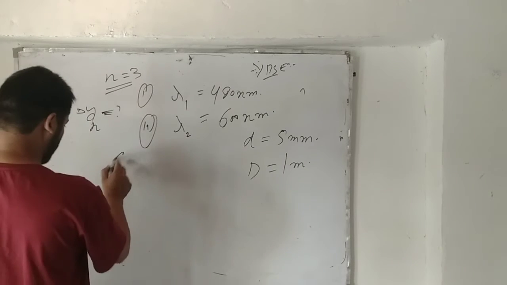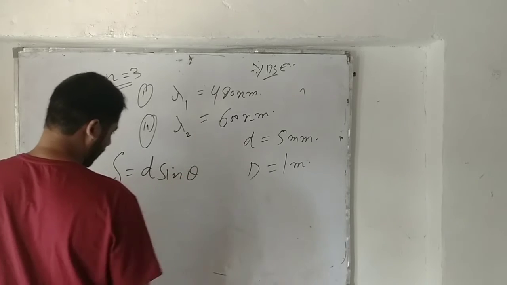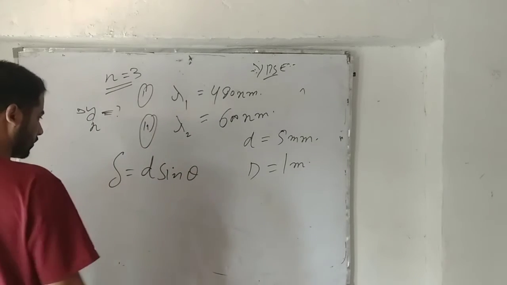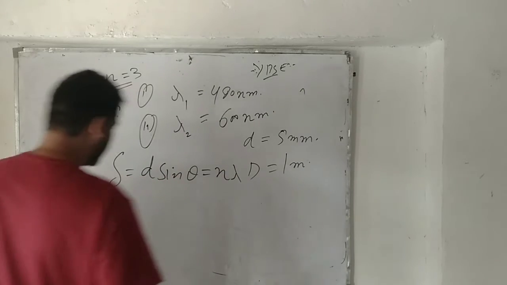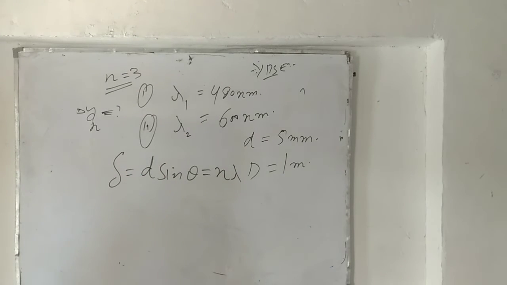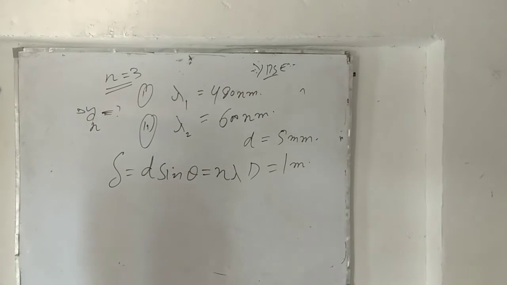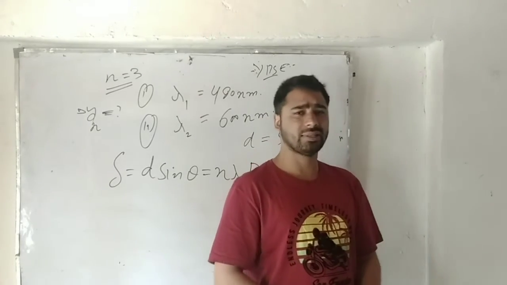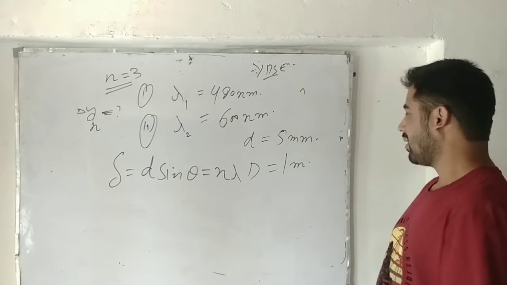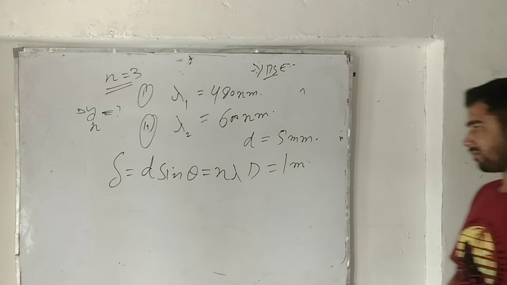When we talk about the path difference, it is d sin theta, but the question asks about the bright fringe, which means I need to use the condition for constructive interference. In the double slit experiment we use the small angle approximation, because the fringes are not at very large distances from one another.